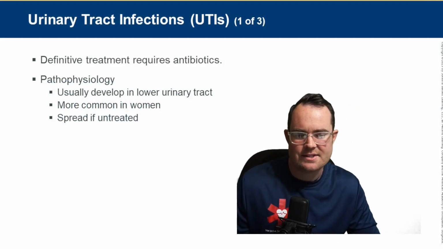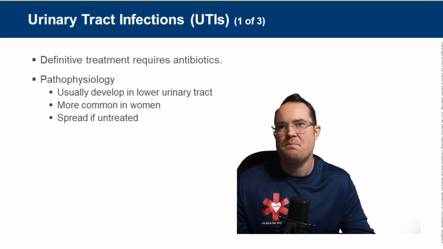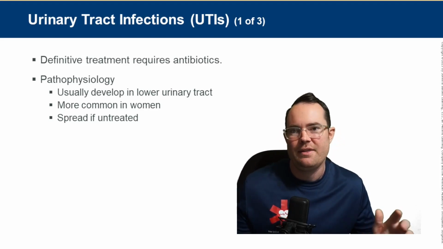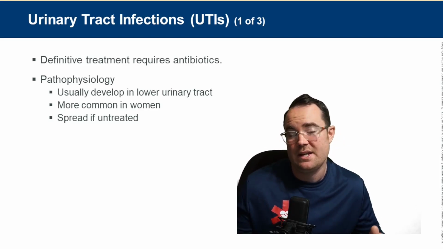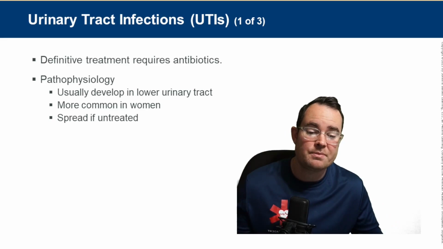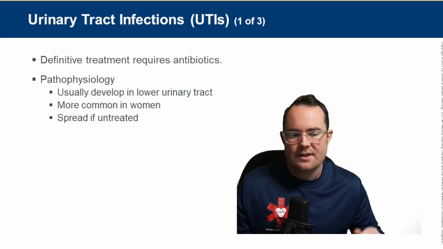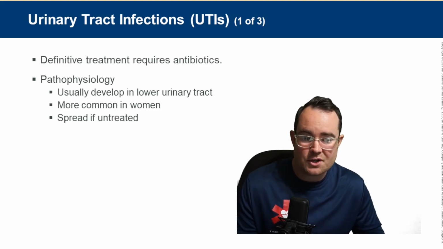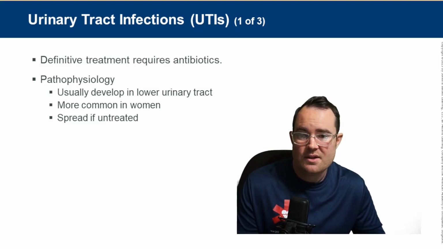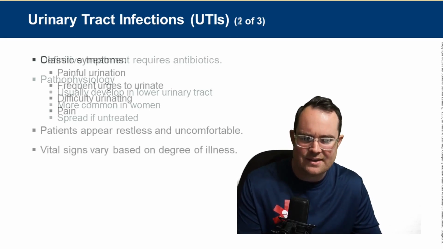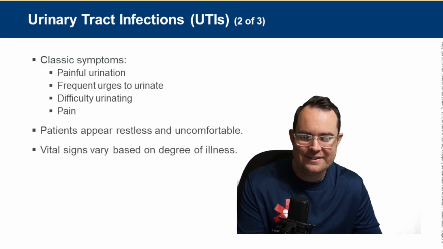Starting off with UTIs, this is one that is very popular, very prevalent, typically seen in women, right? Can also be seen in men, but understand what's happening here is an infection occurring in the urinary tract. There's a few things that we will see in these patients, or smell.